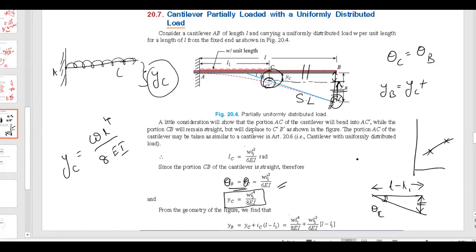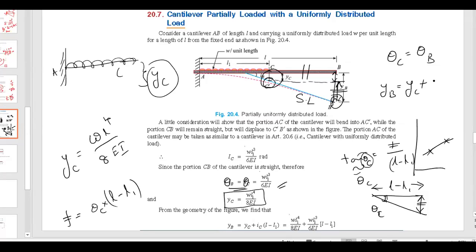Therefore, tan theta C is equal to the opposite side, which is the unknown value, by the known value. So I need to find out the unknown value. It is a very small angle, therefore tan theta C is nearly equal to theta C. Therefore, I can write the unknown value as theta C into L minus L1.